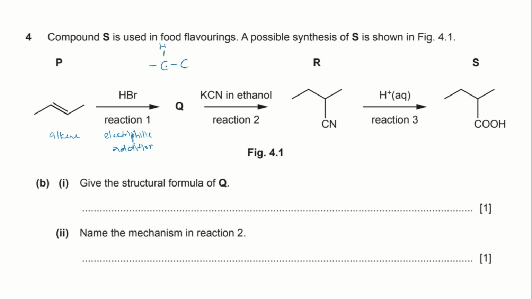Initially, carbon on the left is bonded to one H and one alkyl group. Right hand side also one H and one alkyl group. Addition reaction, so one product is formed from two reactants. So that means the H and Br will be added to molecule P. So this is the structure of Q.